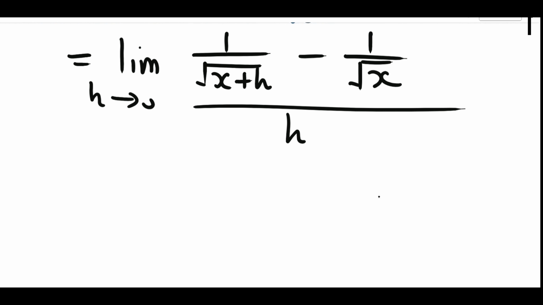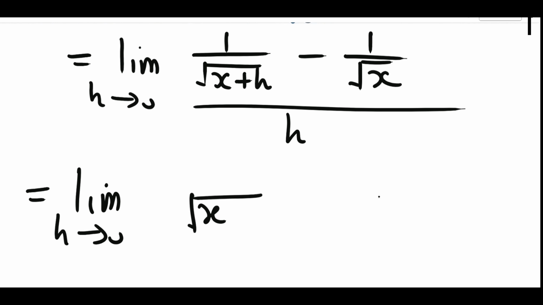We have the limit as h approaches 0. So let us find the LCM of the two fractions. The LCM will be the product of their denominators, the square root of x plus h times the square root of x.